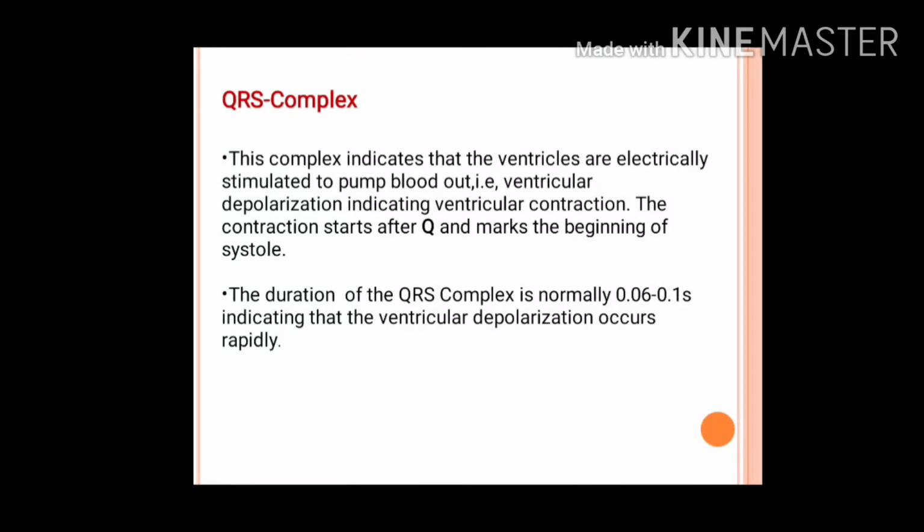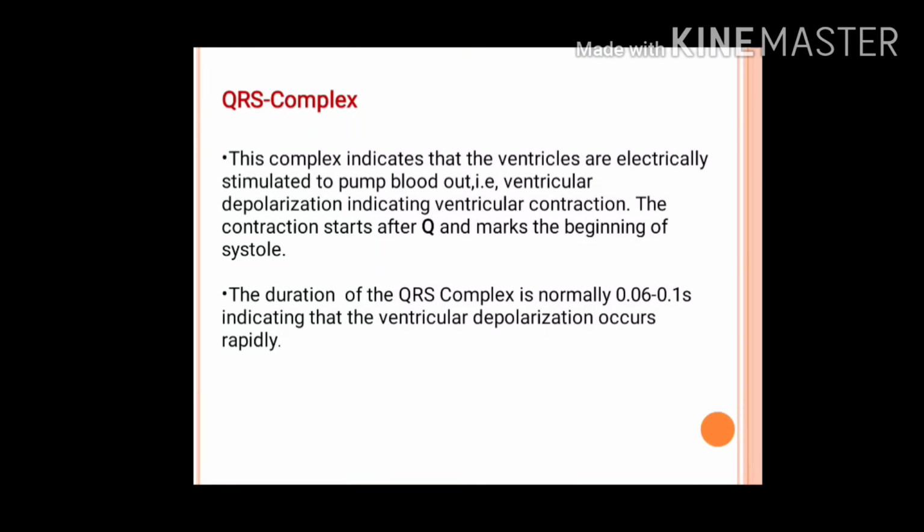So as I have told you, the electrical impulse that is generated at the SA node travels downward. So indirectly it is also stimulating the ventricles to depolarize, leading to ventricular contraction, so that the oxygenated blood from the ventricle travels to other parts of the body through the aorta, and deoxygenated blood through the artery goes to the lungs.